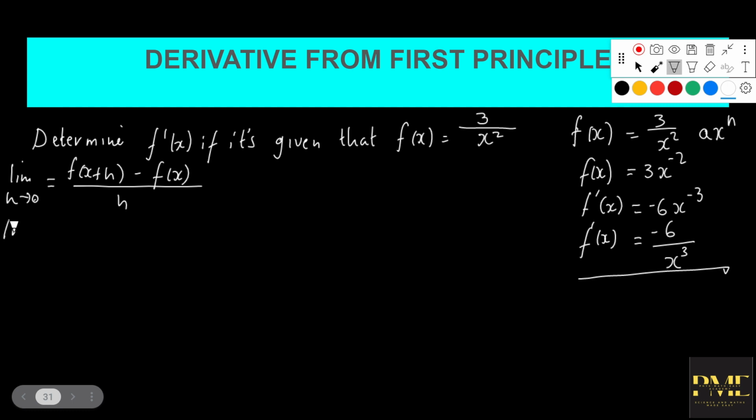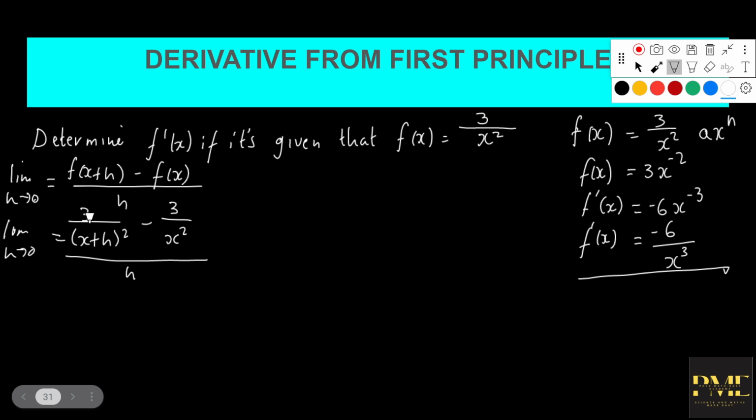So again we're looking at the limit as h approaches 0, this will be equal to 3 over x plus h all squared, minus f at x which we return as it is, that is 3 over x squared, and then this is all over h, guys.